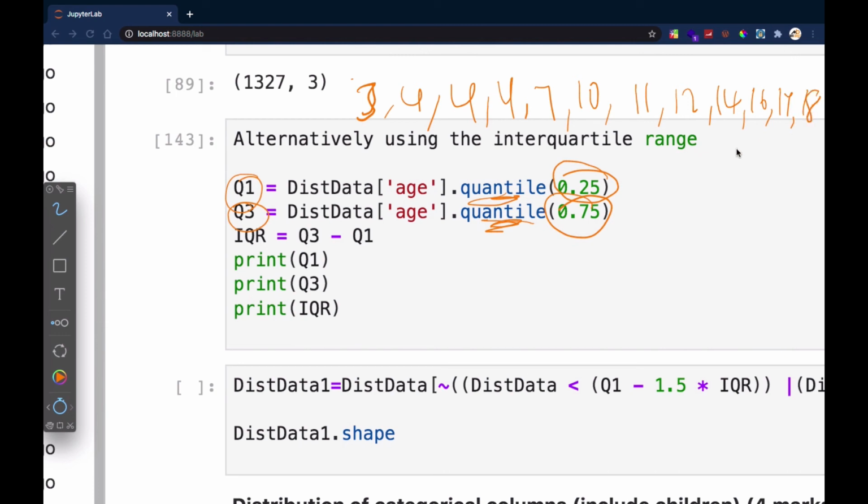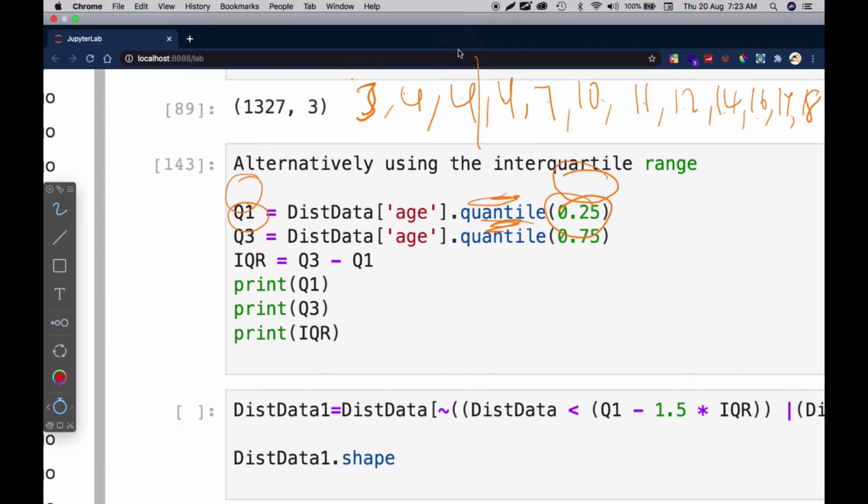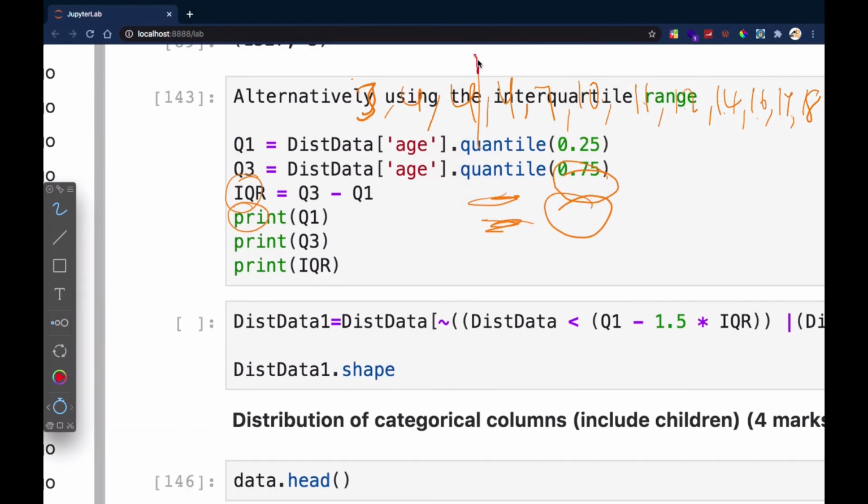So if you have data points like this, 1, 2, 3, 4, 5, 6, 7, 8, 9, 10, 11, 12, in this case we can divide them into 4 parts.